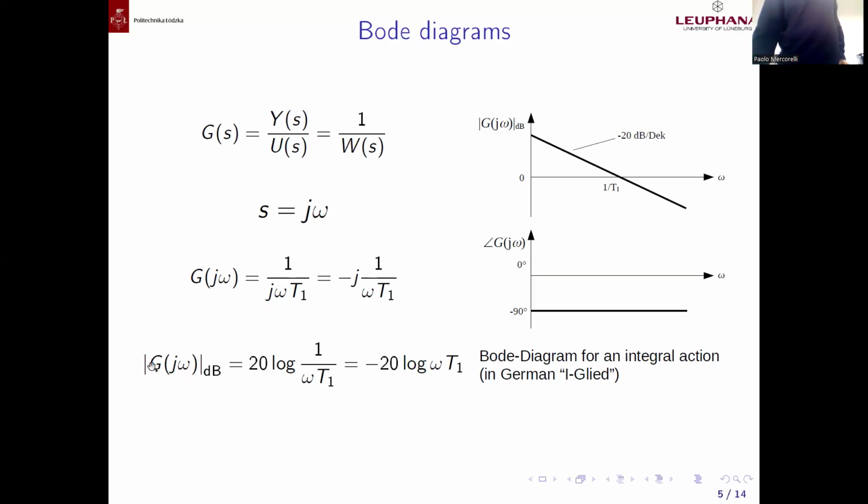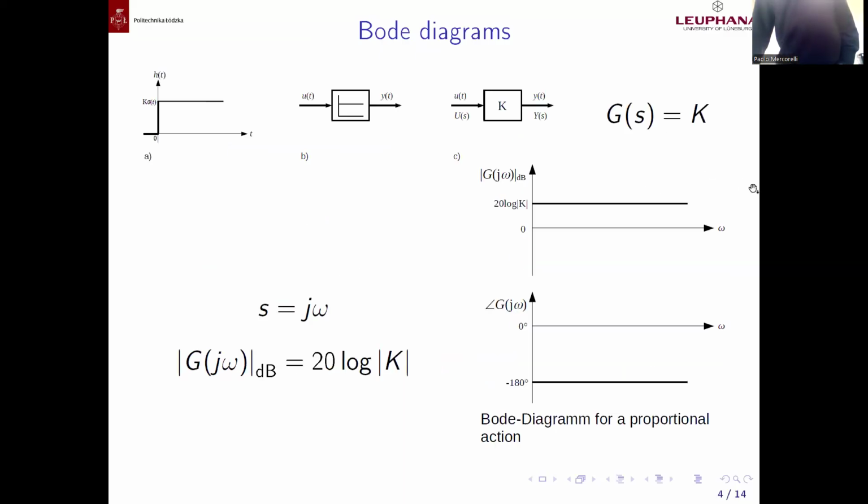Now, I have to draw this expression in the graph. On the y axis, I have exactly the magnitude in dB, exactly this expression here. And on the x axis, I have my independent variable, but in particular form.